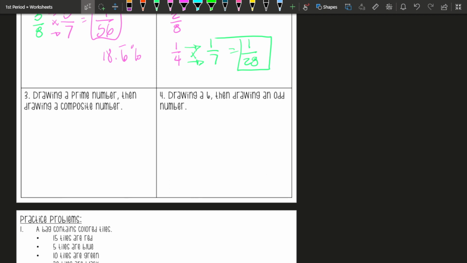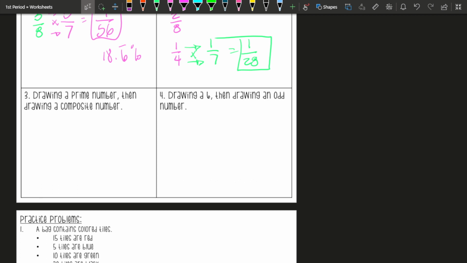And a composite number is a number that can be divided evenly by 1, itself, and more than that. For example, 6. 6 can be divided by 6 to get an even number. 6 divided by 6 is 1. 6 can be divided by 3 and you get 2. 6 can be divided by 2 and you get 3. So that's more than itself and 1, right?